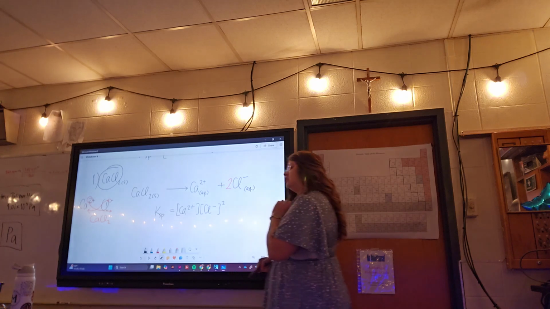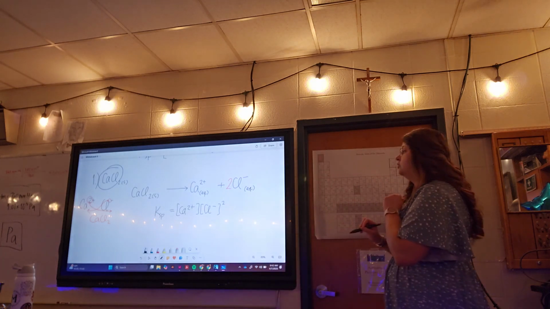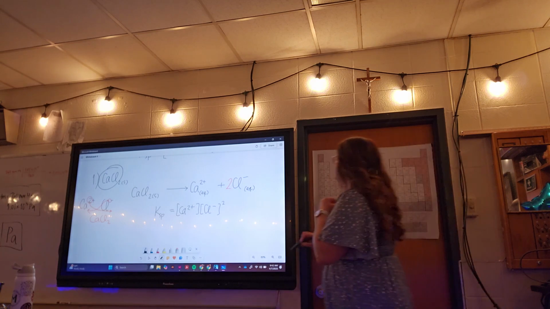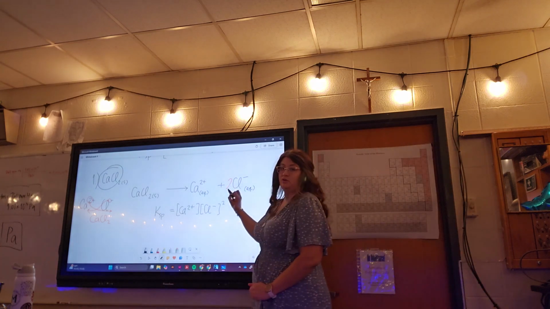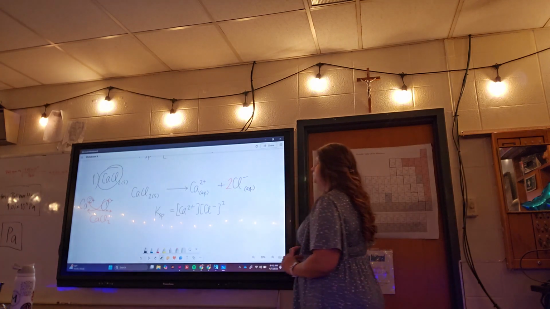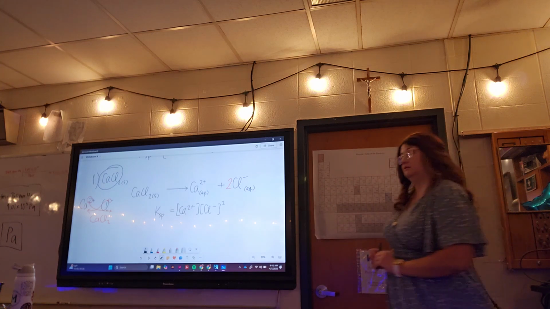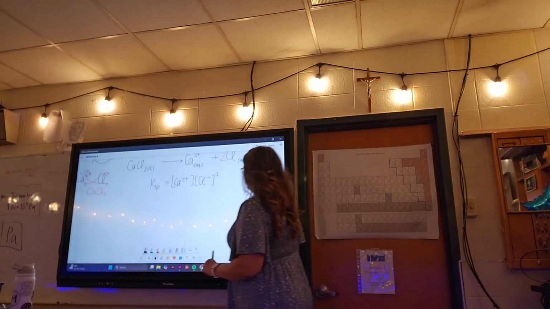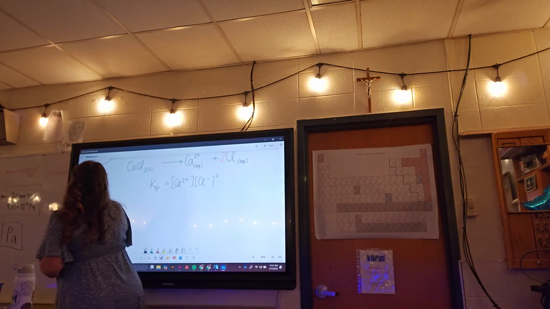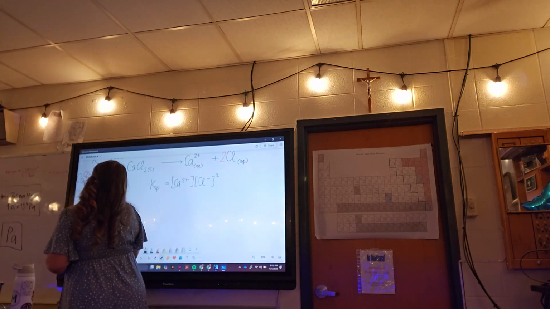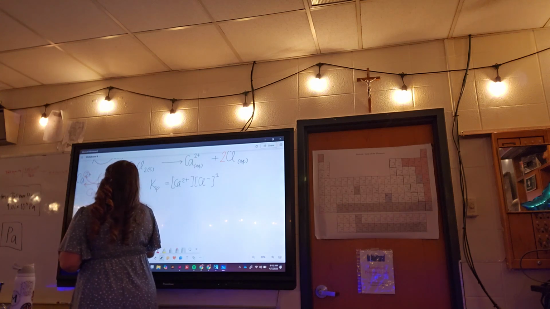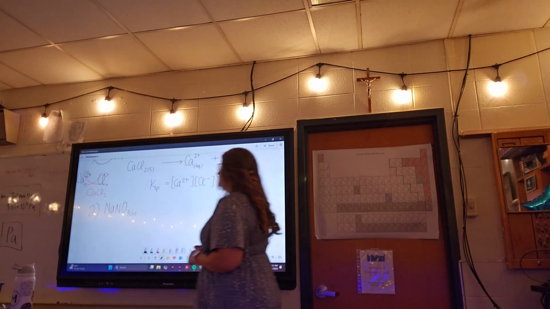But then don't forget your 2 as your exponent for chlorine, because the exponent is always the stoichiometric coefficient. Does this make sense? All right, let's make it more complicated. Next example, let's do this one.